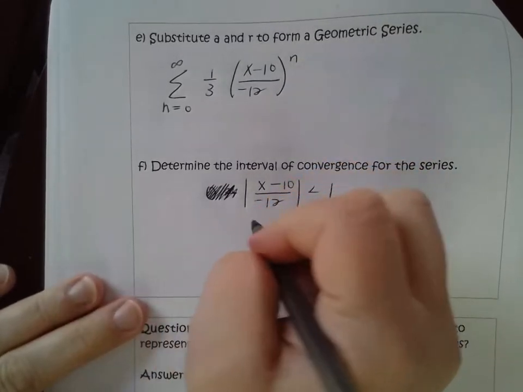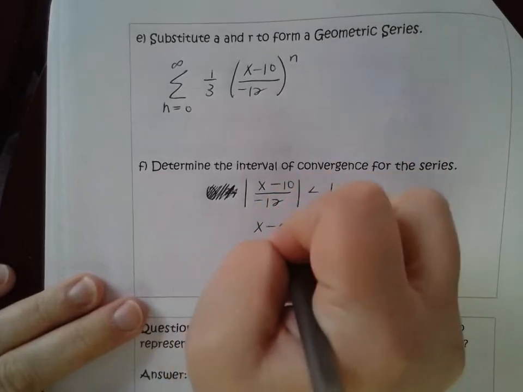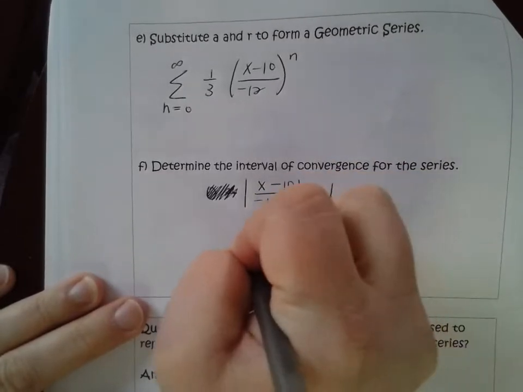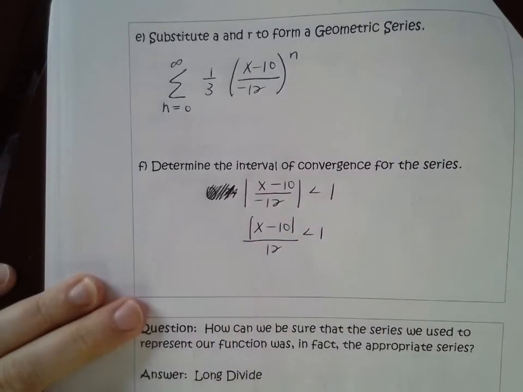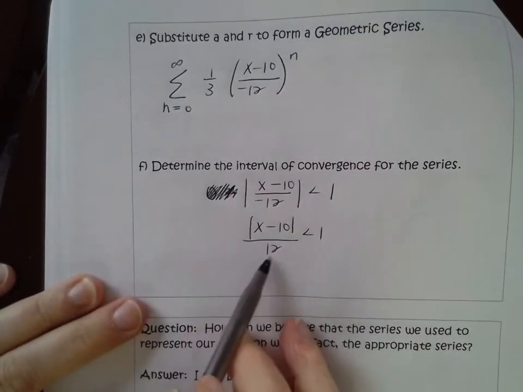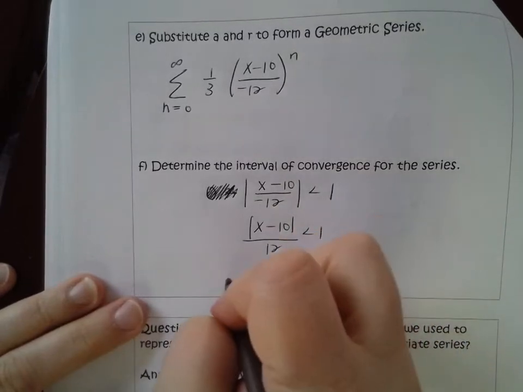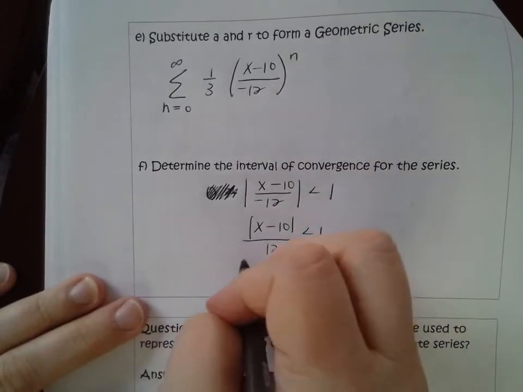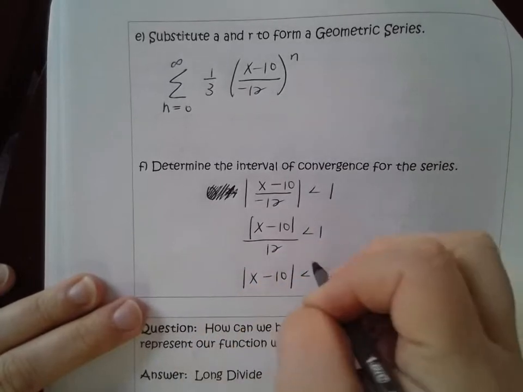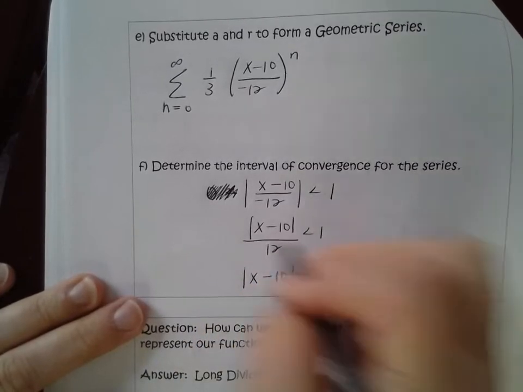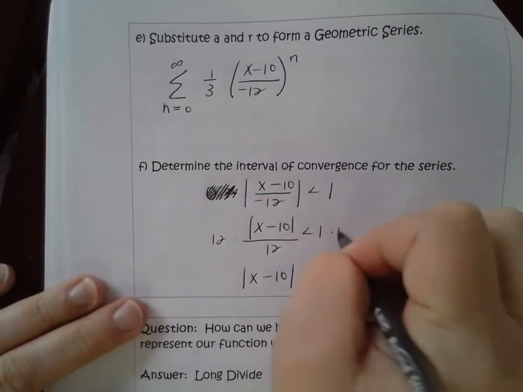That means that the absolute value of x minus 10 over regular 12 has to be less than 1. Right? When I take the absolute value of -12, it becomes 12. It means the absolute value of x minus 10 has to be less than 12, right? If I multiply by 12 on both sides.